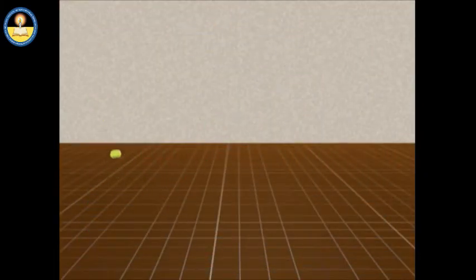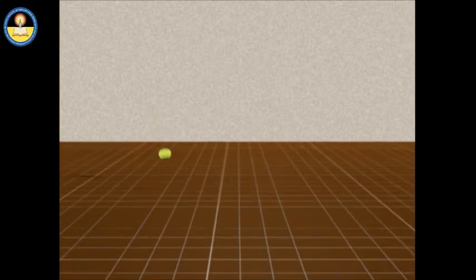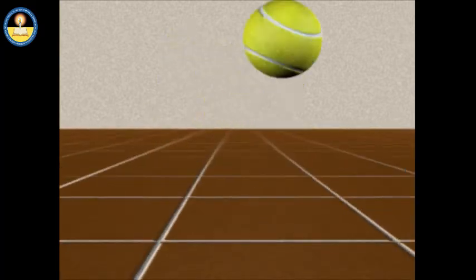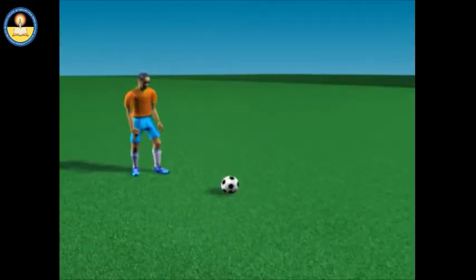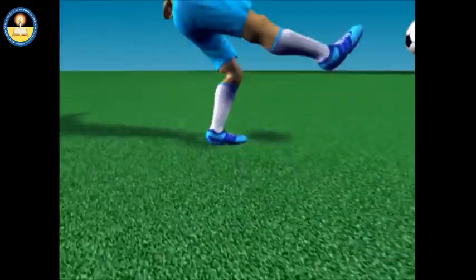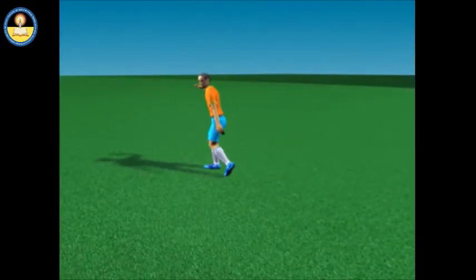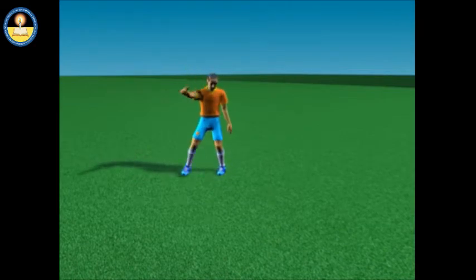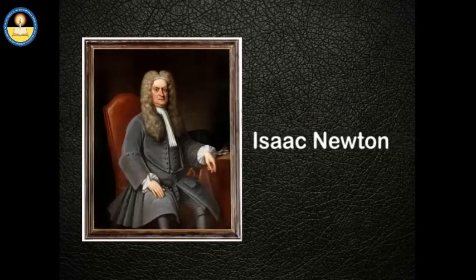For example, when a ball rebounds from a hard surface, the surface exerts a very large force on the ball, and there is a big change in its momentum. Similarly, when we hit a ball, we apply an unbalanced force to the ball that produces a change in its momentum.